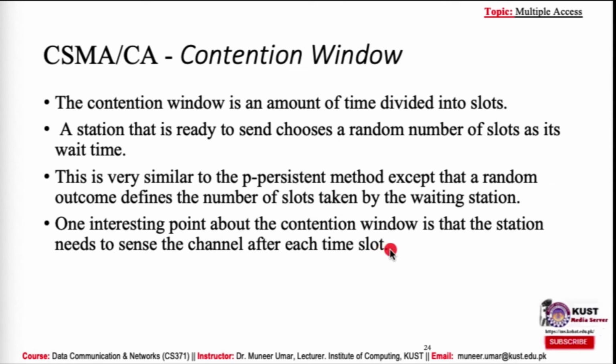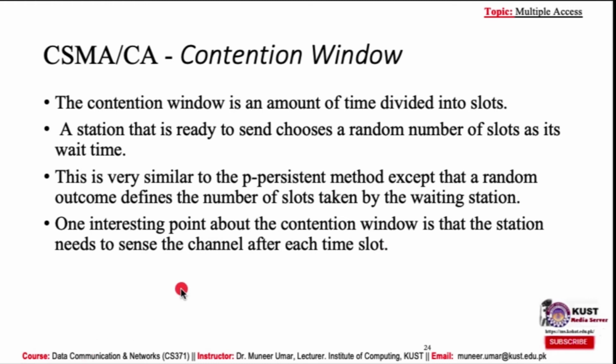However, if the station finds the channel busy, it does not restart the process. It just stops the timer and restarts it when the channel is sensed as idle. This gives priority to the station with the longest waiting time.